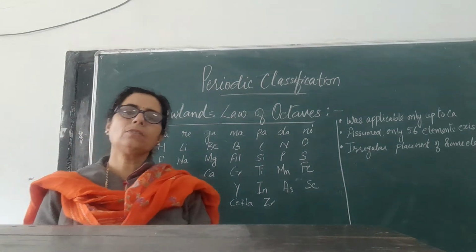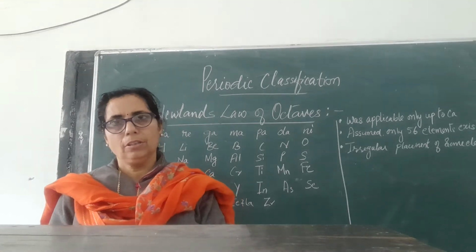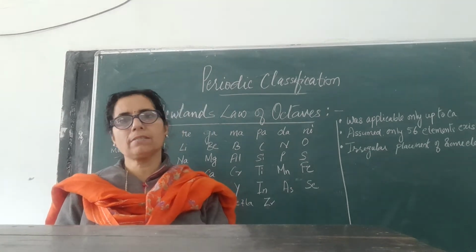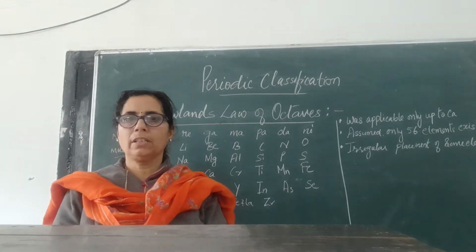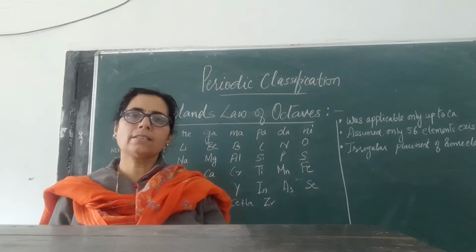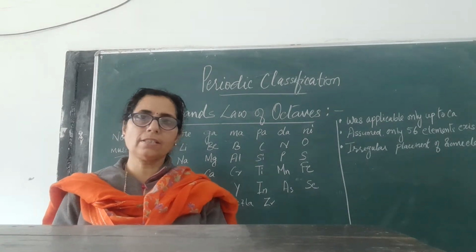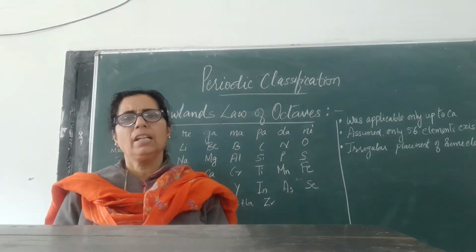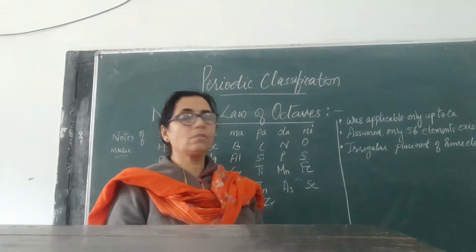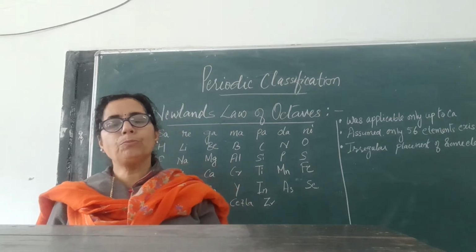But his work was also a failure, because he could not arrange all the elements present in nature according to his law, that is the Newlands' Law of Octaves, the 8 element arrangement. First, it was not applicable for more elements.